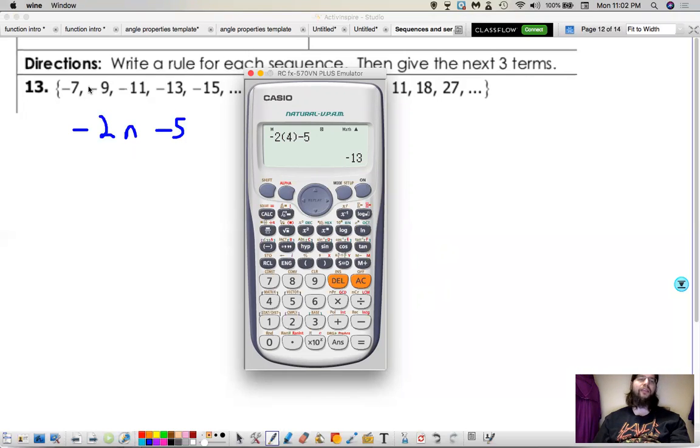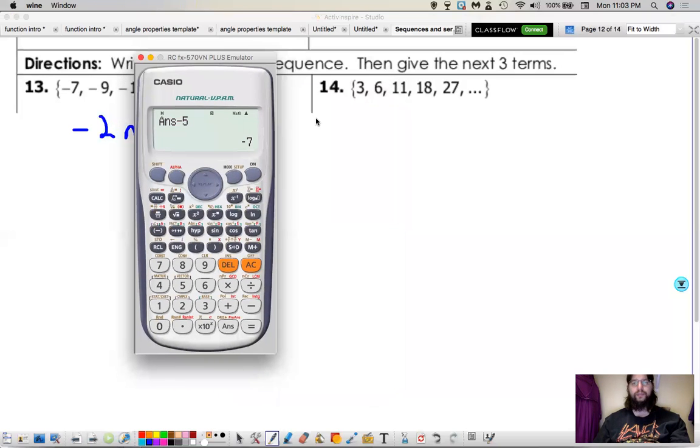So I saw that I was decreasing by 2 each time, so that's a factor of -2 on my end. From there, I just need to figure out where to start. If I did -2 times 1, that gave me a -2. To get to -7, I need to go down another 5. That's how I got that -5. So that was pretty easy to figure out.